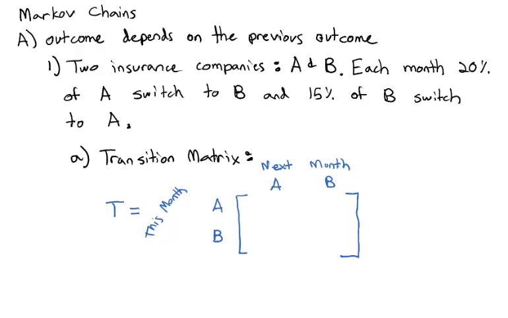What we are told is 20% of A switch to B. So 20% of this month's A's are going to be B's next month. Right there, that's where the 20% probability is going to go, which we can represent with 0.2. So this month A becomes next month B 20% of the time, which means they stay as A customers 80% of the time.